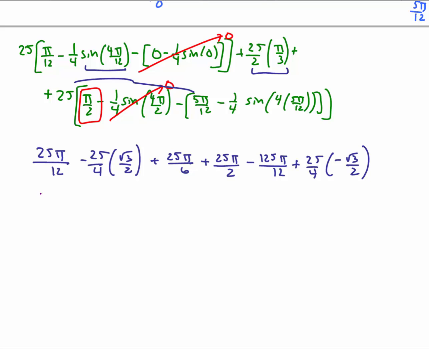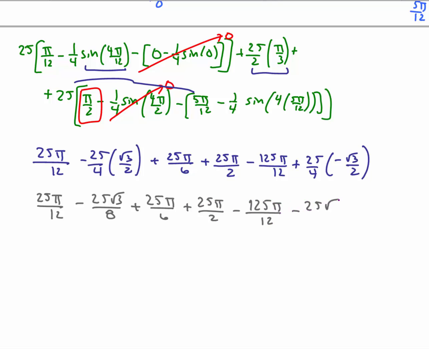So we want to keep simplifying. So I have 25 pi over 12 minus 25 root 3 over 8 plus 25 pi over 6 plus 25 pi over 2 minus 125 pi over 12 minus 25 root 3 over 8. Okay, so there's quite a few like terms we can combine.